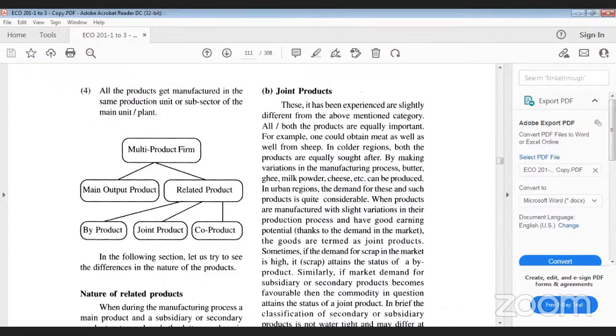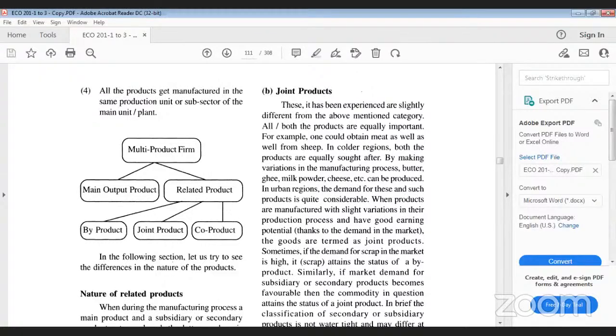When products are manufactured with a slight variation in their production processes and have good earnings potential thanks to demand in the market, they are termed joint products. Sometimes, if the demand for scrap in the market is high, scrap attains the status of a byproduct.